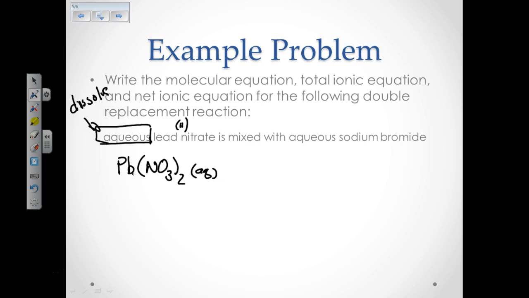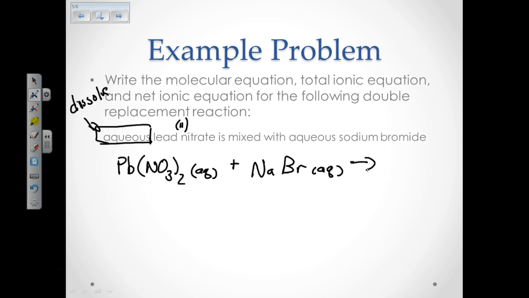So we know that lead nitrate is going to split into lead ions and nitrate ions. Then we have sodium bromide, NaBr, which is also aqueous. Now, what's going to happen in this reaction?